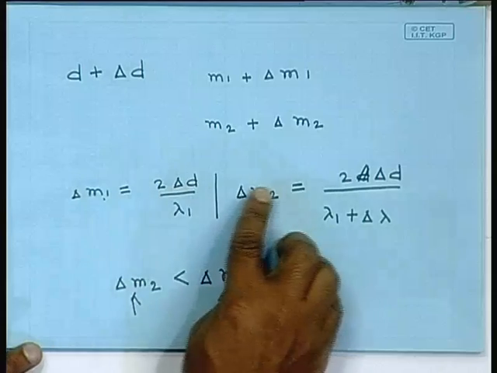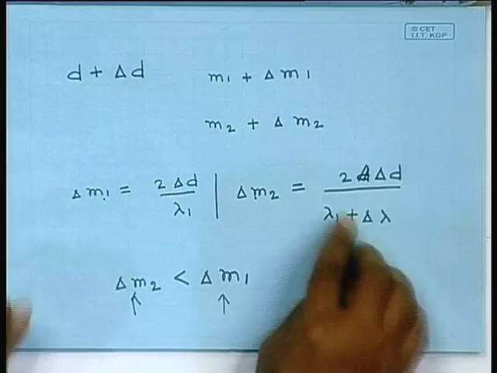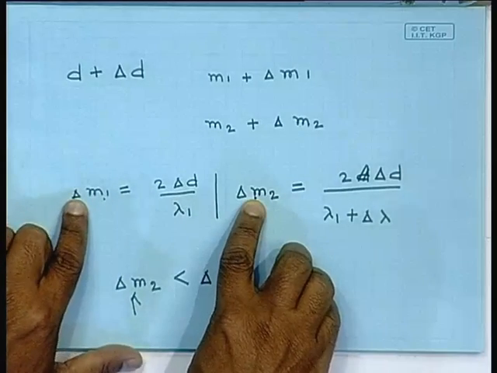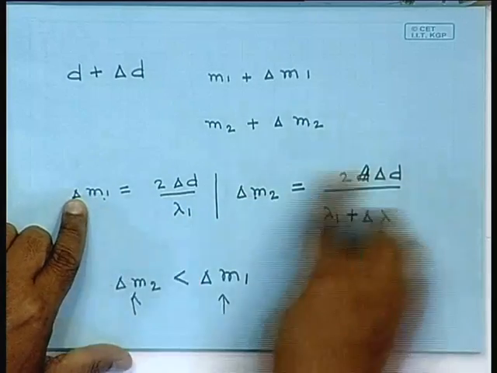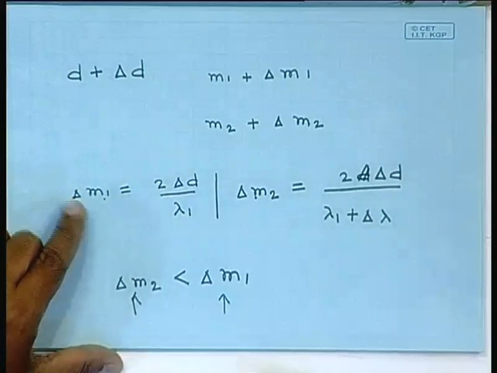So, what we see is that I start from a situation where the two fringe patterns coincide. We have concordance, the fringe pattern is very intense, the contrast is very high. I move one of the mirrors, slowly the fringe pattern will get washed out. Now, if I keep on moving the mirror even further, so that delta d goes up, I will first reach a situation where these two numbers differ by half, and then if I keep on increasing delta d even further, I will reach a situation where these two numbers differ by an integer.